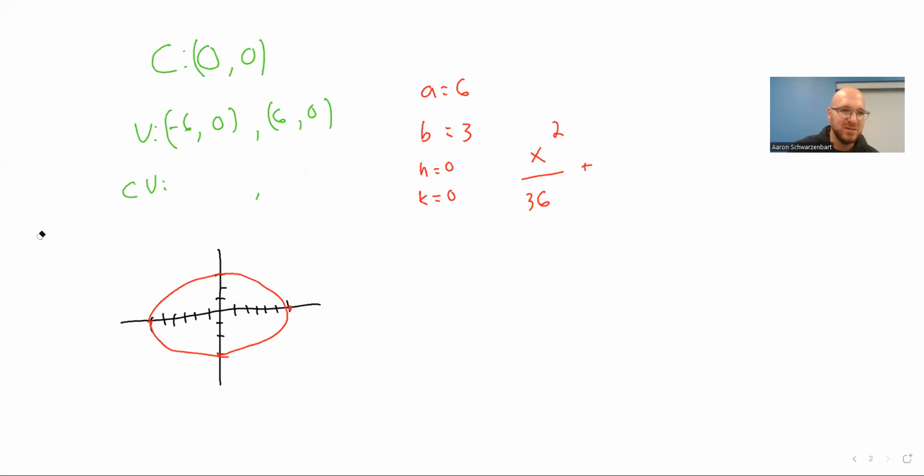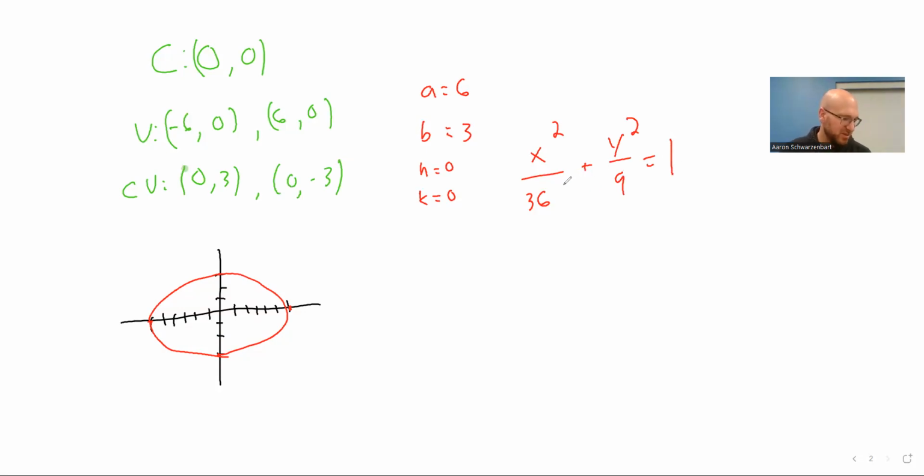It's not -3, 0, it's 0, 3. Those are going in the Y direction, so those go under the Y. There we go. That's better. And it is always equal to 1.